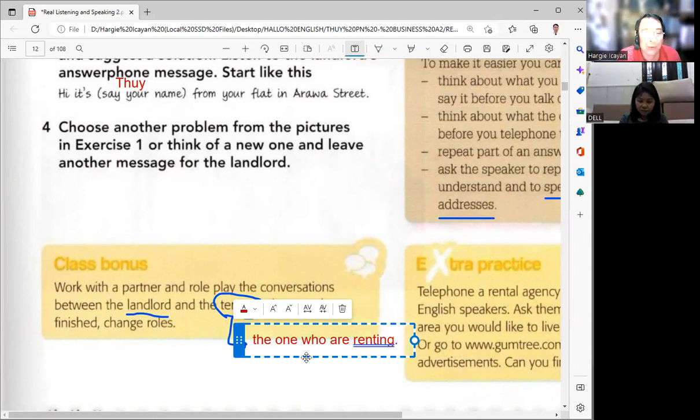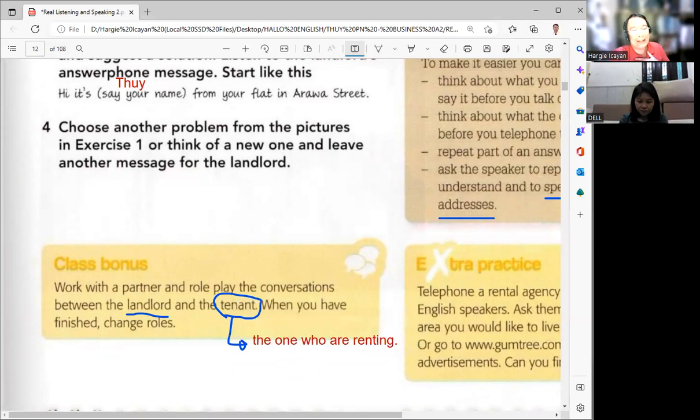So we call, let's say if you are renting a house, a flat, a unit, you are called a tenant. And then the owner of the house that you are renting is what we call the landlord. So tenant, the one who is renting.